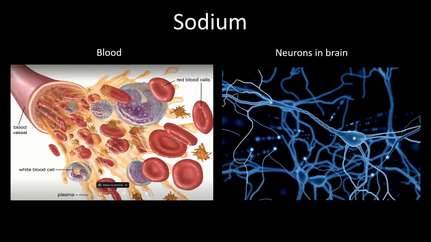In our bodies, sodium is an essential nutrient that regulates blood volume, blood pressure, fluid equilibrium, and pH balance. The human body must have at least 500 milligrams of sodium per day to function, with a recommended amount of 2 or 3 grams per day.